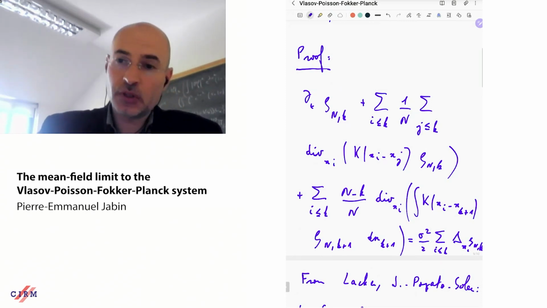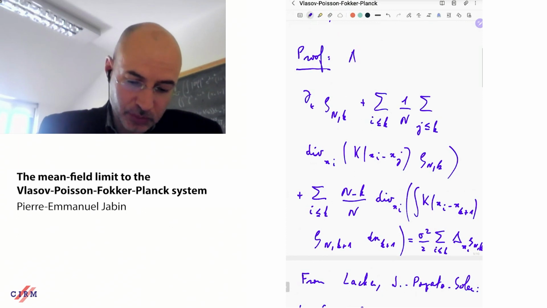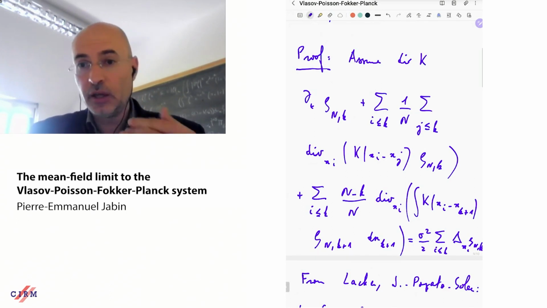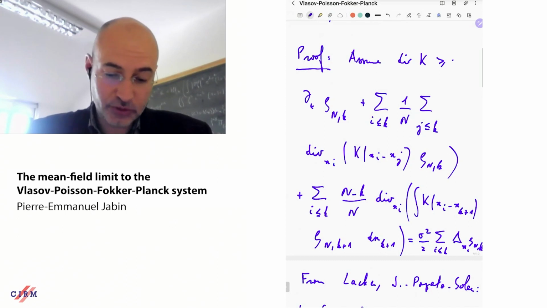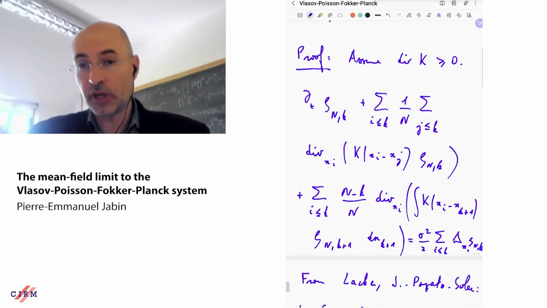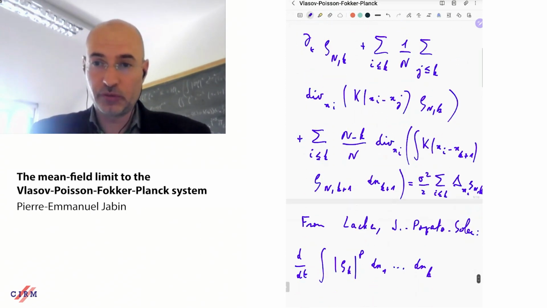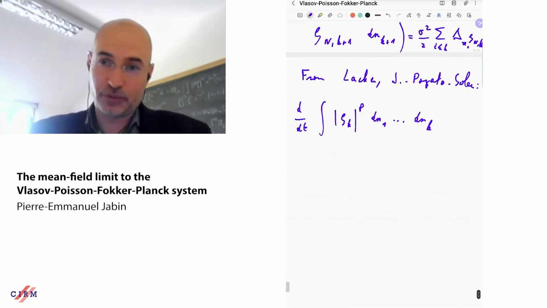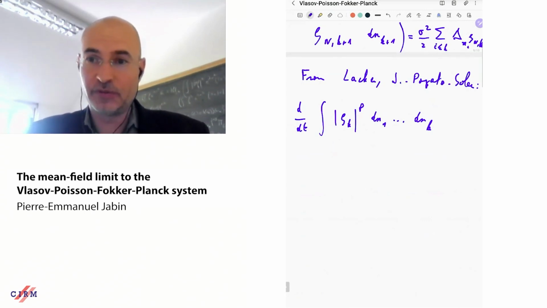And so let me make my life simple during this proof, just to avoid having a few extra terms. Let me assume that the divergence of k has a sign, which I know is not really possible on the torus, but okay. Otherwise, just put back the right term.